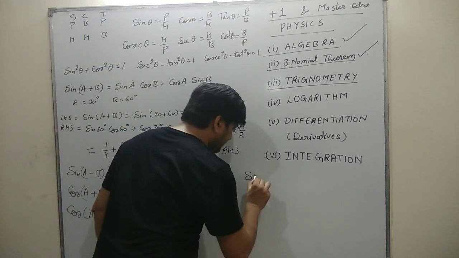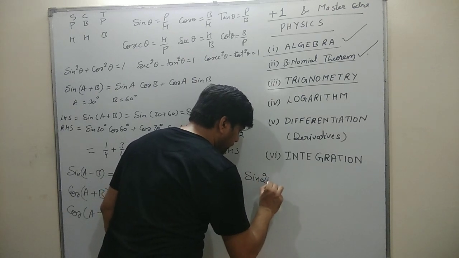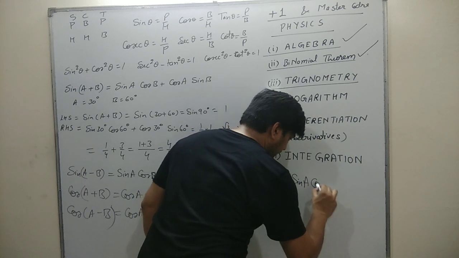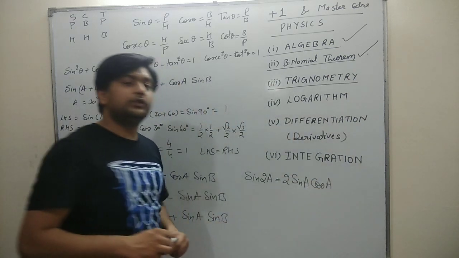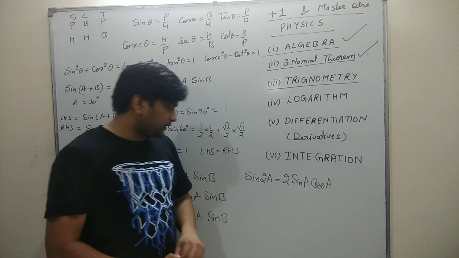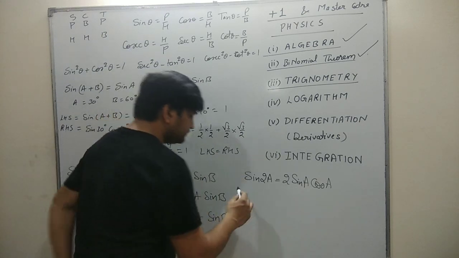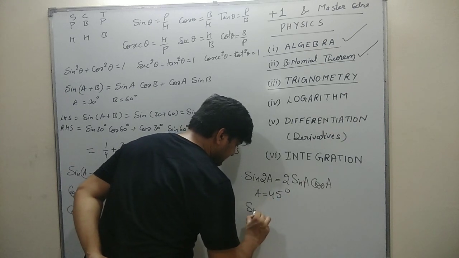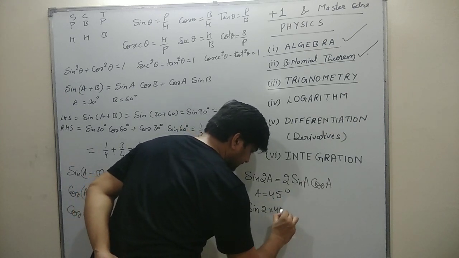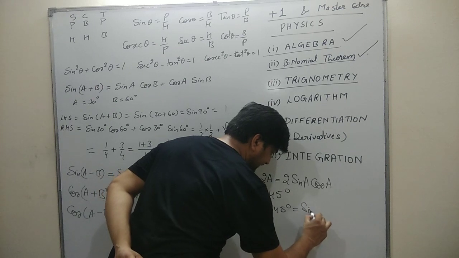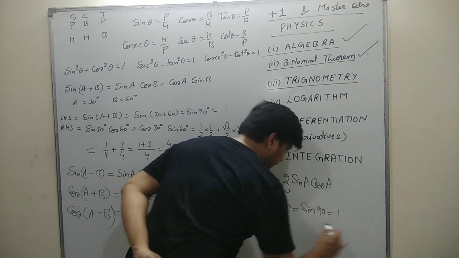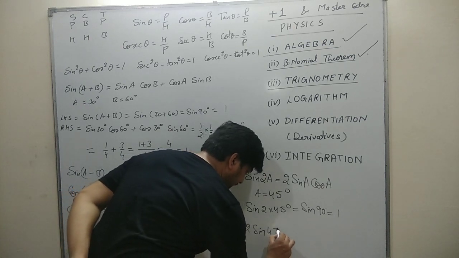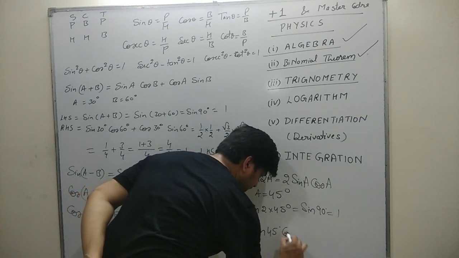One more important formula is sin 2A is equal to 2 sin A cos A. Again you can check this by putting in a value of A, like 45 degrees. Sin 2 into 45, that is sin 90, that is 1. Other side, sin 45 cos 45.